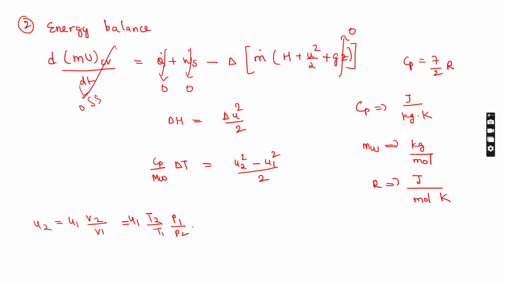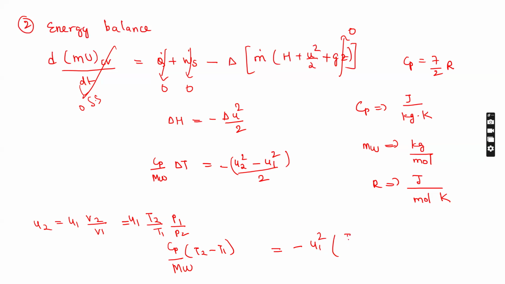So applying it here, we have the equation Cp (T2 minus T1) by molecular weight equals, okay, sorry for that, here there is a negative sign, minus u1 square.